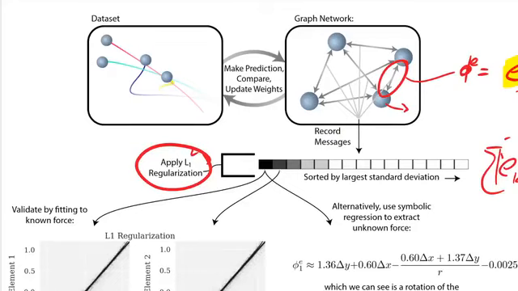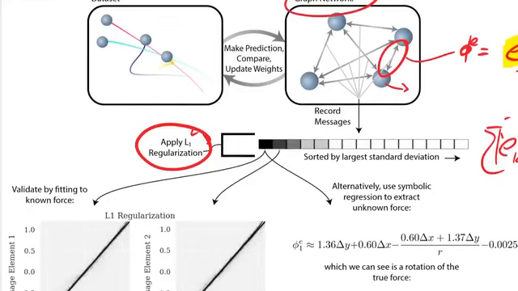If it is really the case that this graph network has learned the physical dynamics of the system, then we can simply look at the top 2 dimensions, sorted by largest standard deviation.